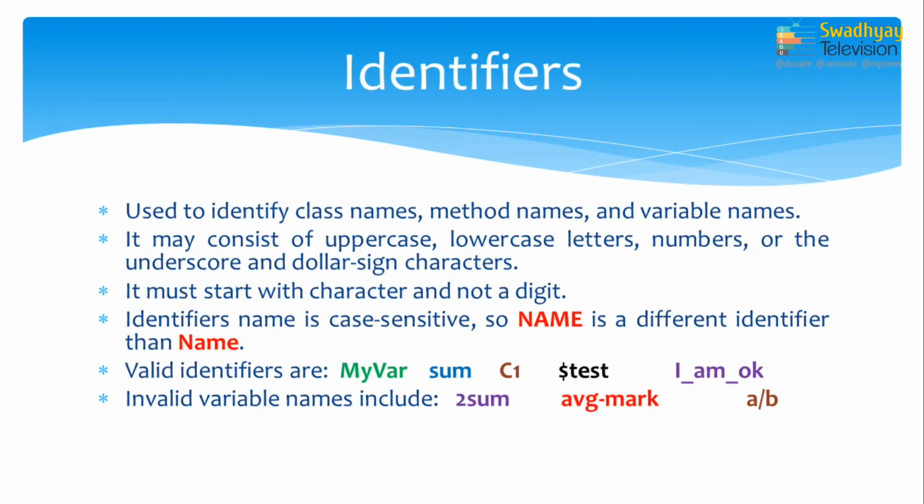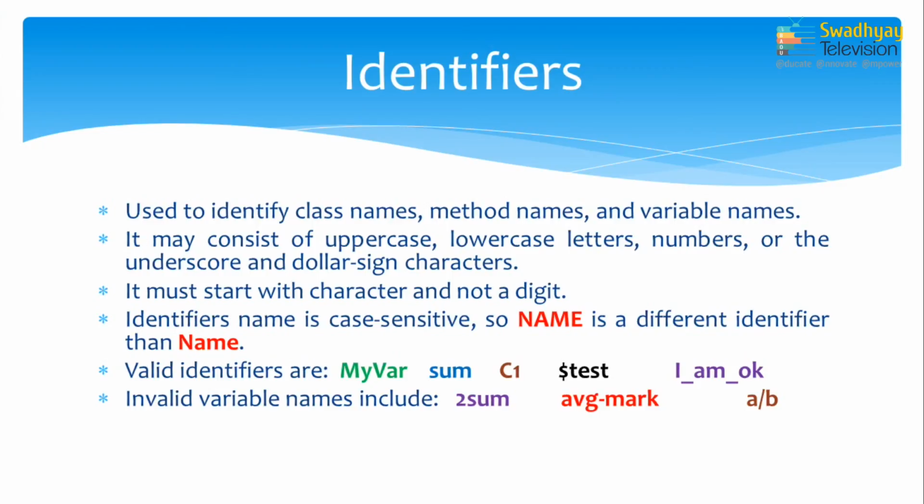In a program we can have method, variable, class name. So, we have to give them names. For example, in the last lecture our class name was Main and our method was main. All these are known as identifiers. Identifiers are used to identify class name, method name and variable name.